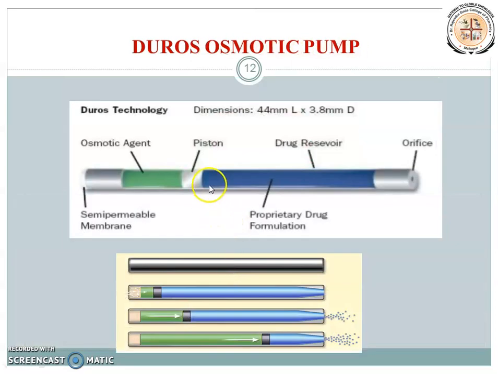So in the Duros osmotic pump, when it is administered at a particular site of the body by giving a small incision, the water may enter through the semi-permeable membrane where the osmotic agent gets dissolved and creates an osmotic pressure, and due to the creation of osmotic pressure, the piston is moved in a forward direction, and the drug which is present in the drug compartment may be released in a slow manner for a prolonged period of time through this orifice.